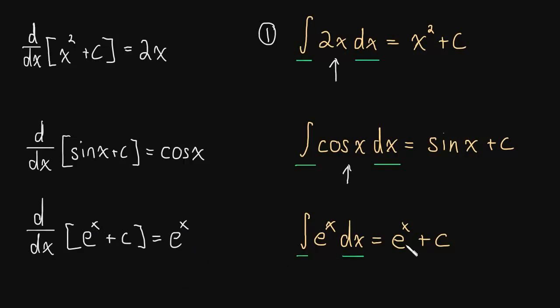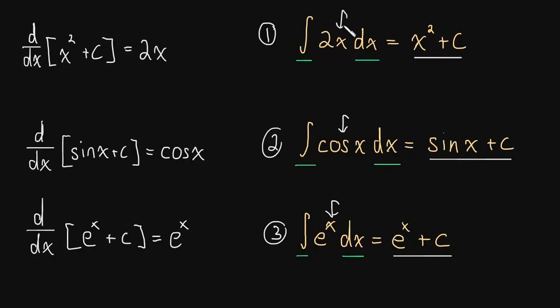So these antiderivatives are really easy to verify because we know how to take the derivative of anything that comes our way. If you're ever not sure you got the antiderivative right, take the derivative of your answer, and you should get whatever is inside the antiderivative.